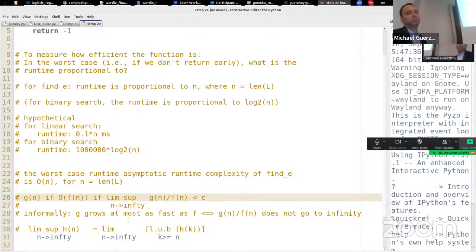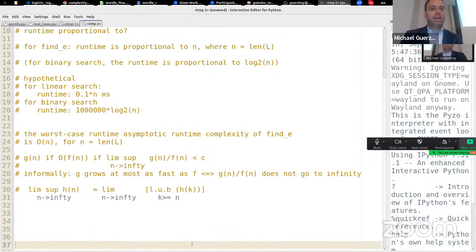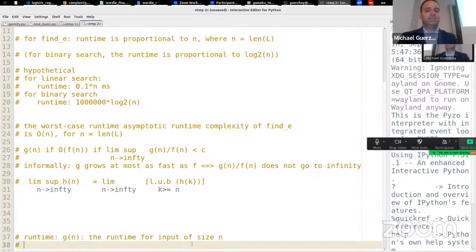So that's the formal definition. And what's g, what's f? I have one minute left. In this case, the runtime is g of n, the runtime for input of size n, and f of n is the complexity.